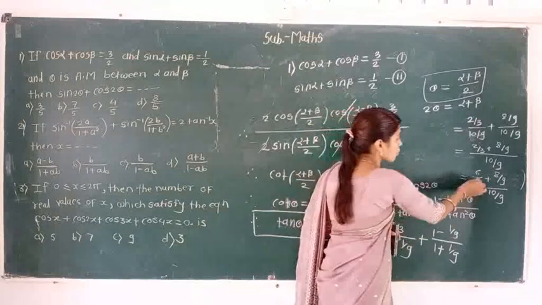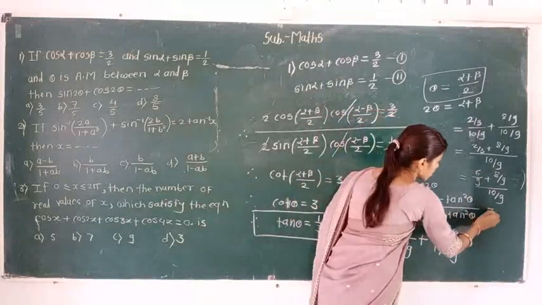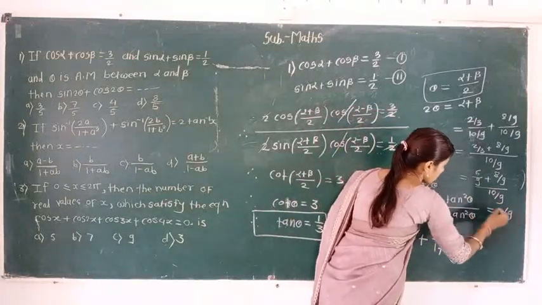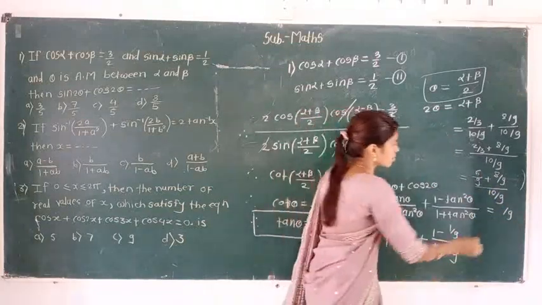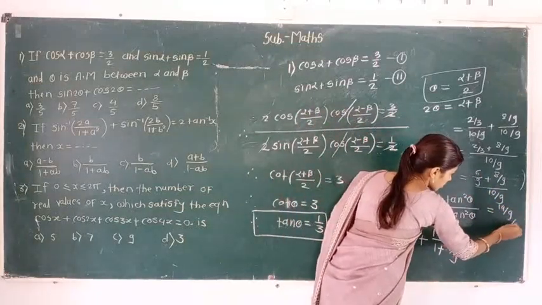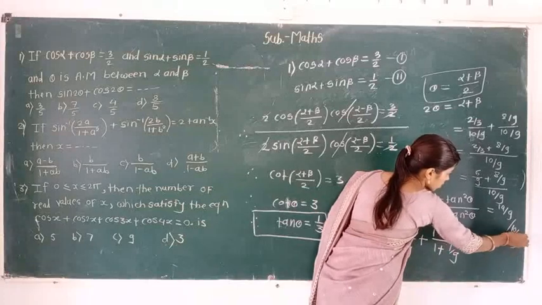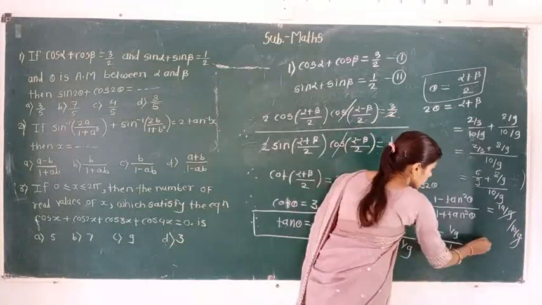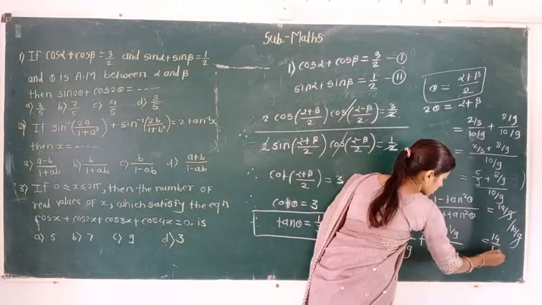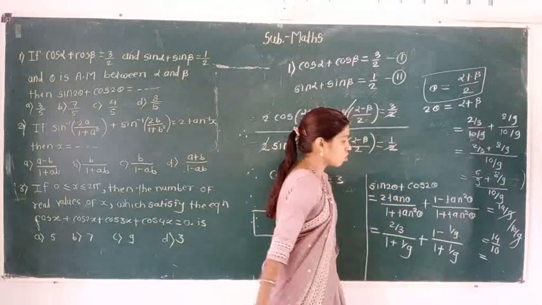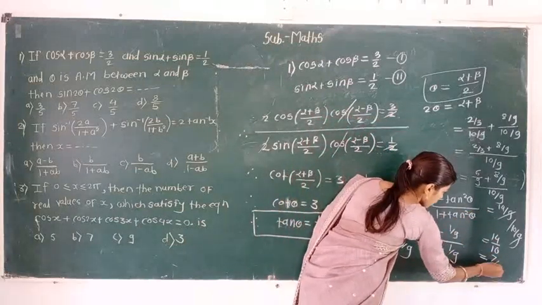So, sum of numerator, LCM is 9, sum of numerator is 14, divided by 10 by 9. Here 9 and 9 get cancelled, we can write 14 divided by 10. Simplify this ratio, we get the value 7/5.